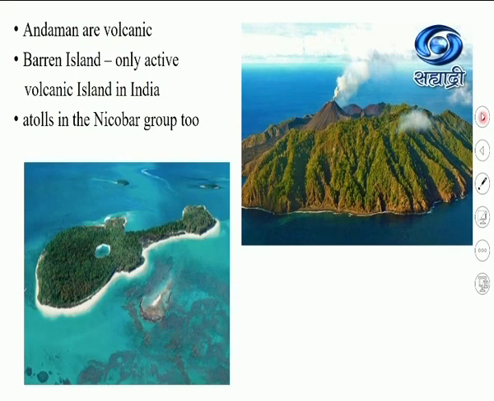In the Nicobar group also you will find some atolls. This is a guitar-shaped island, a naturally formed atoll island in the Nicobar group. So in the Andaman and Nicobar regions you will find coral reefs and atoll islands which have been formed.